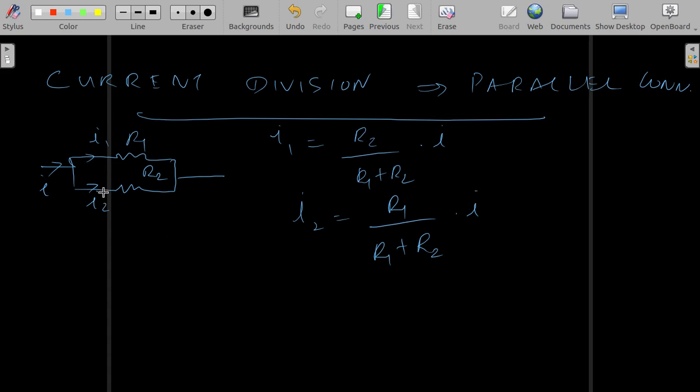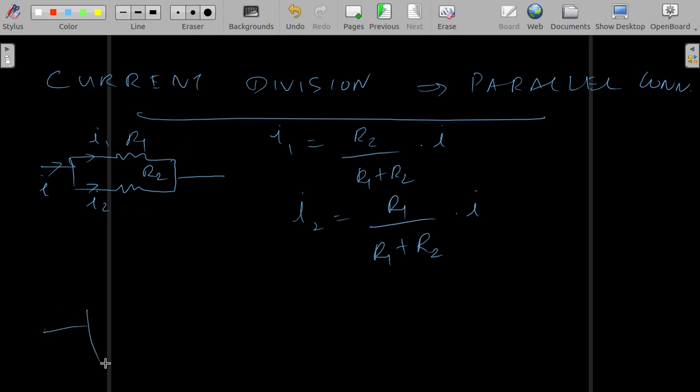So here, even if you look at the previous series parallel connections, equivalent resistance and so on, in a parallel connection, when it comes to the relation between resistance and current, it behaves in a similar way as capacitance and voltages behave in a series connection. Okay.